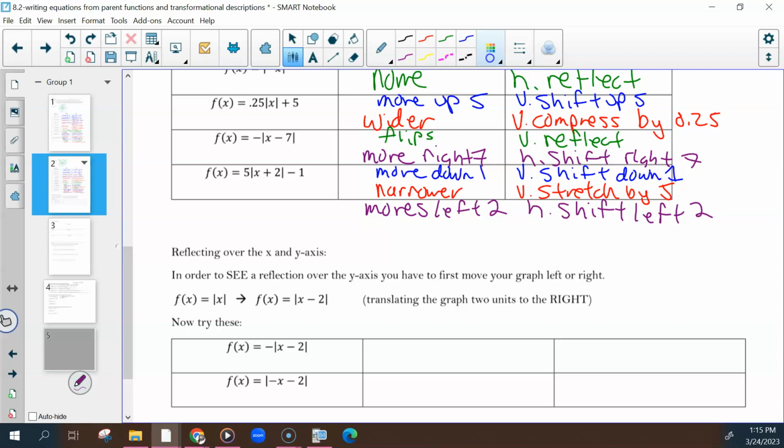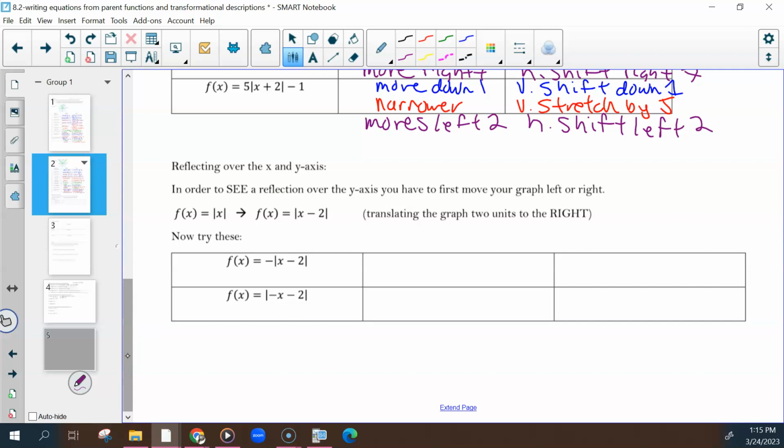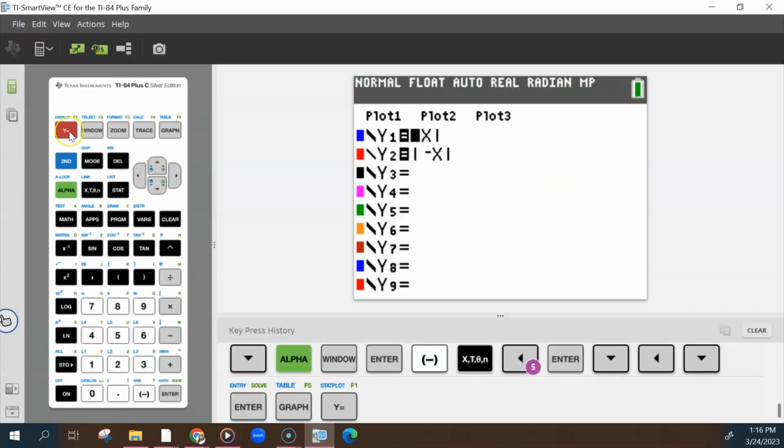We're just going to do a couple more examples. So we talked about the different reflections, but I want you to actually see it. In this first example, we started at the original, the parent function, it moved to the right 2, and then we added in the negative, so I'm going to show you what happens there. I'm going to draw all 3 so you can see the comparison.